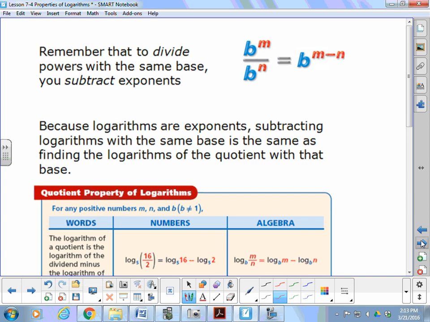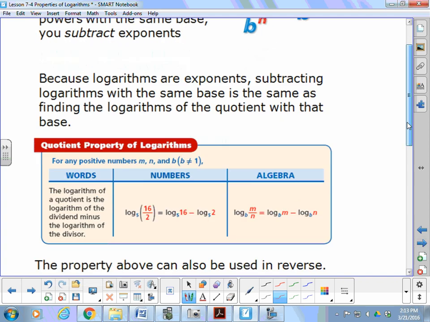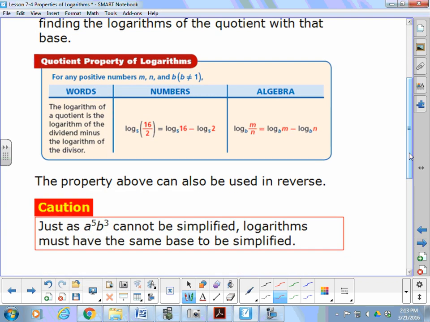Next one is the quotient rule. The quotient rule applies when we have dividing with the same base. We subtract the exponents. So the log base b of m over n is equal to the log base b of m minus the log base b of n.